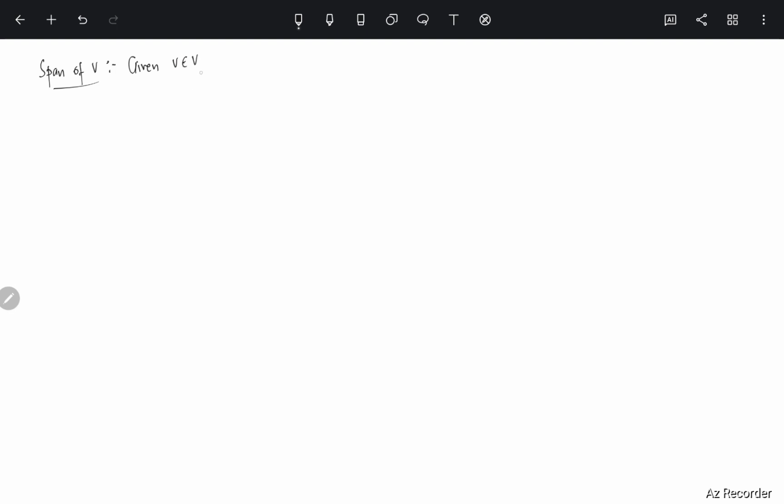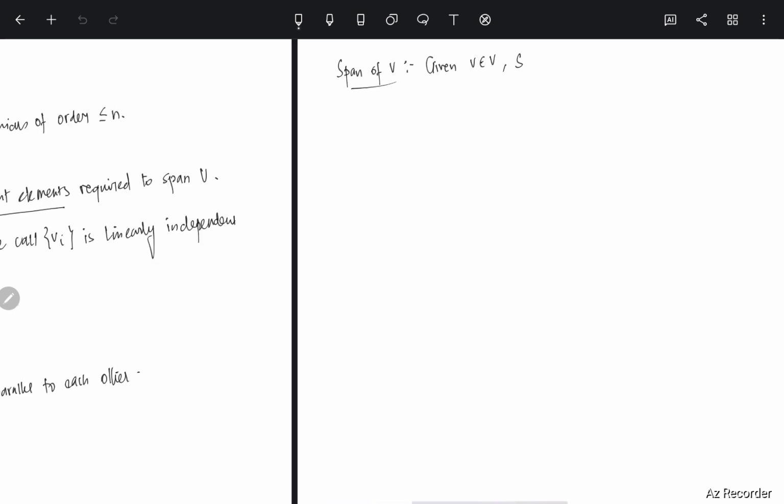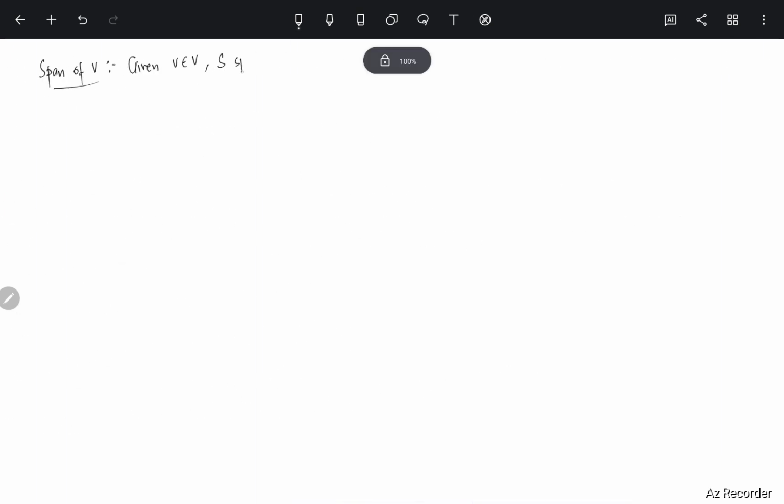You can actually have a set. Let's say S is the set. This S spans V if any element v can be written as summation Ci Vi, with i equals 1 to M. Doesn't matter what M is.